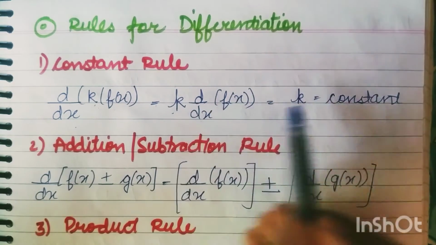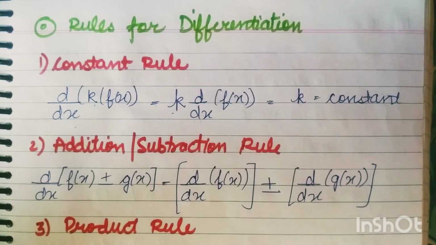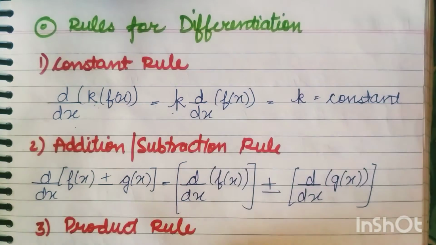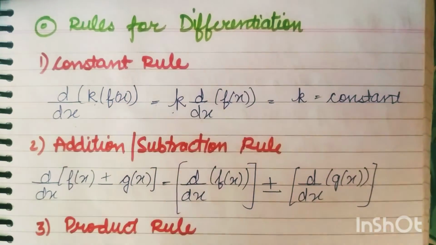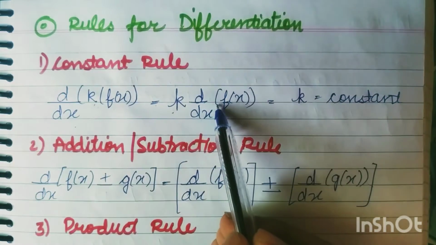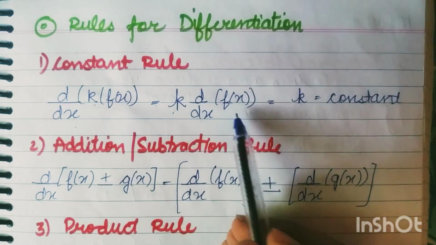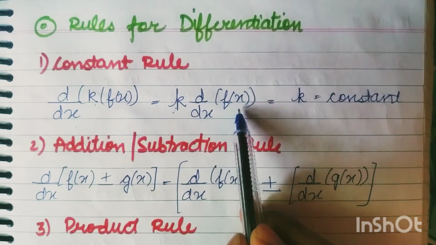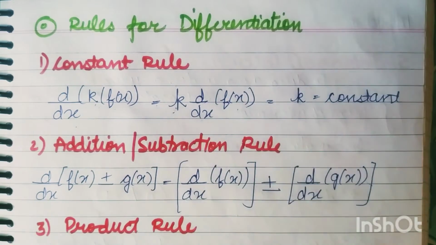The k is your constant, so it stays as such, and you will differentiate this f(x) and multiply the constant with your f(x) answer, and that will be your answer.